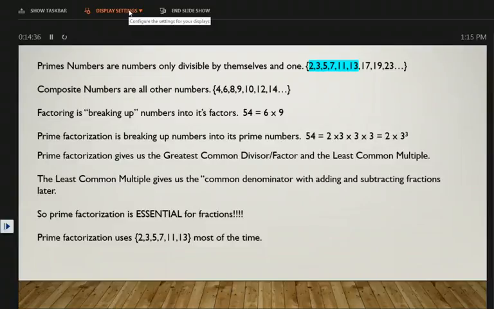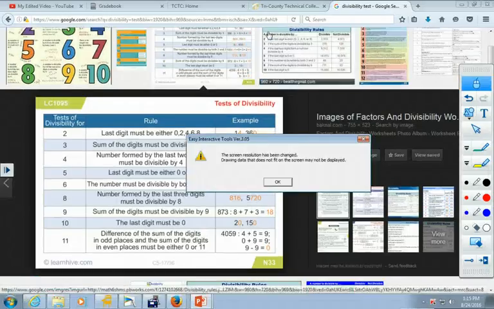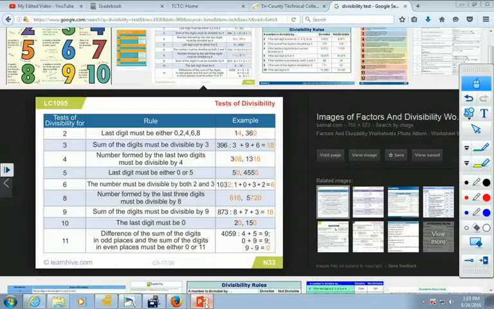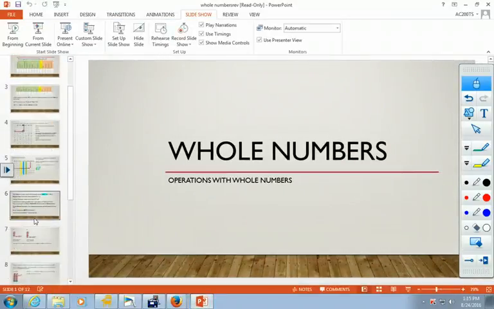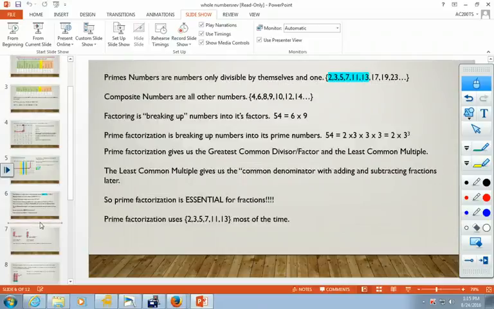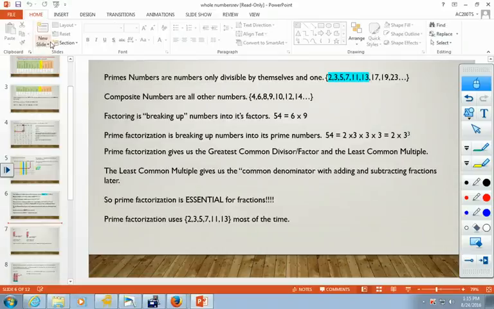Y'all just hold on a minute. Be with you in just a minute. In slideshow. I was hoping it was going to take me back to where it is. And I will put that right in here. And I'll insert. Slide.